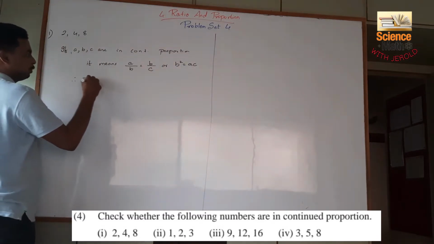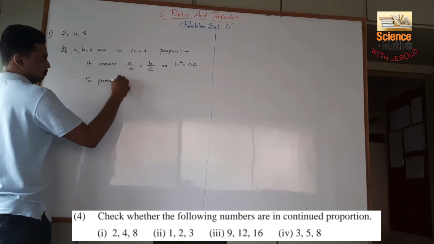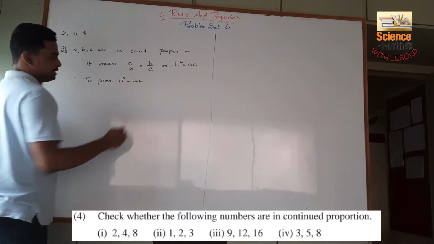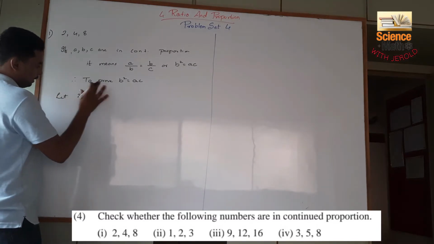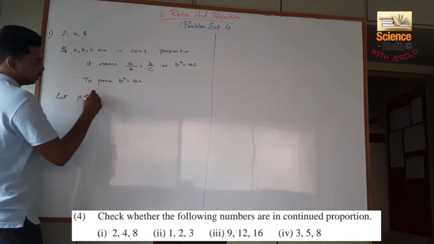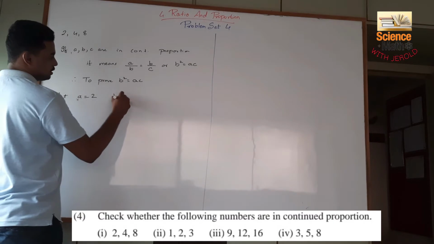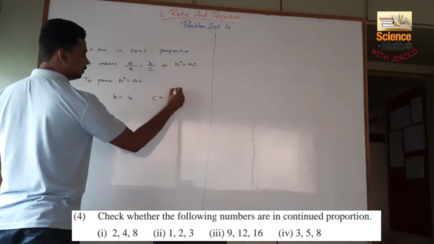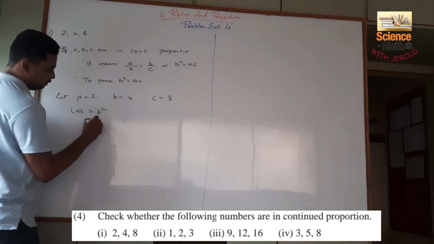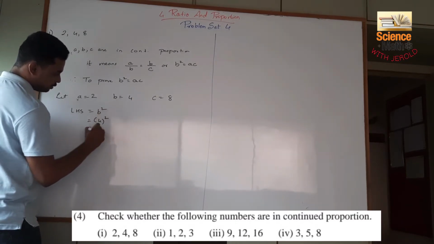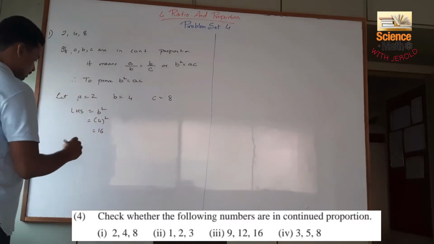Therefore, B squared is equal to AC is what we have to prove. So let A be equal to 2, B equal to 4, and C equal to 8. LHS is equal to B squared, which is 4 squared, gives me 16.